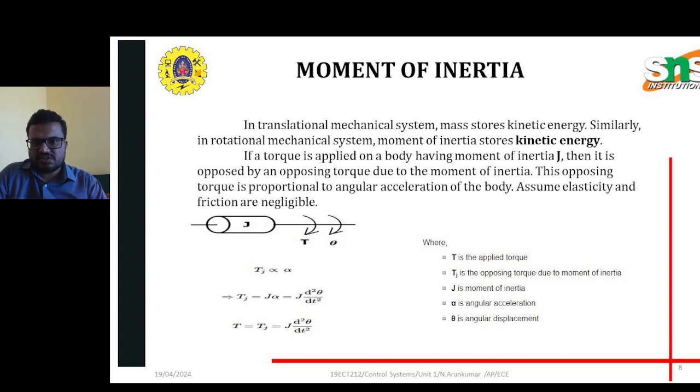The kinetic energy is based on the moment of the force applied to the object, the moment of inertia, and the angular displacement. If you move your object, the angle changes and the corresponding moment also changes.